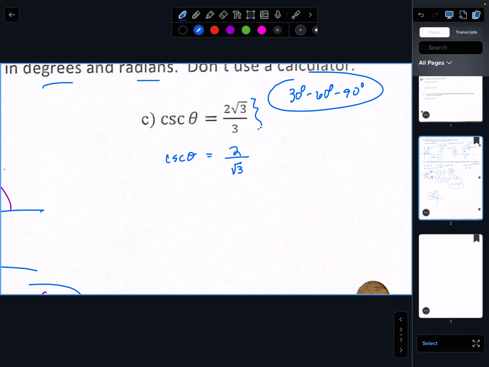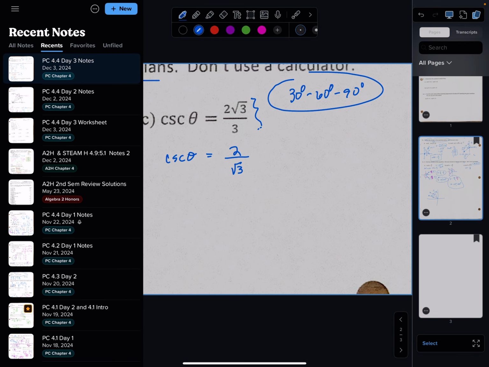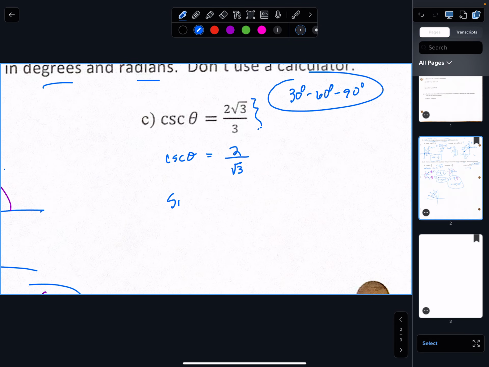Not the value, but what function is the reciprocal of cosecant? So cosecant starts with the C, its reciprocal starts with an S. The reciprocal is sine. And so then flip it, right? Then flip it, and the sine of theta is root 3 over 2.